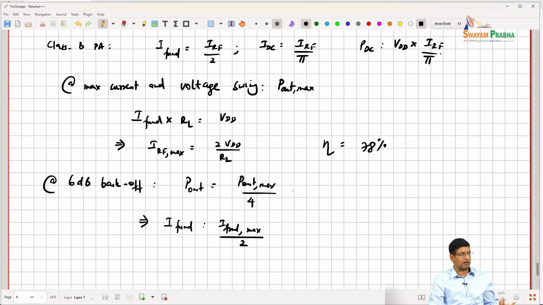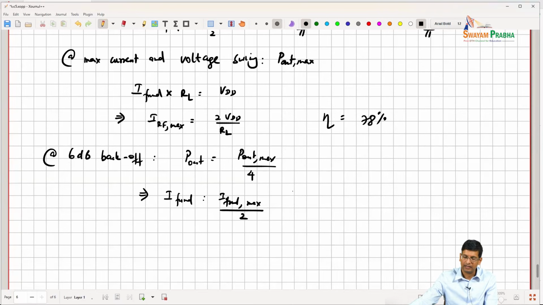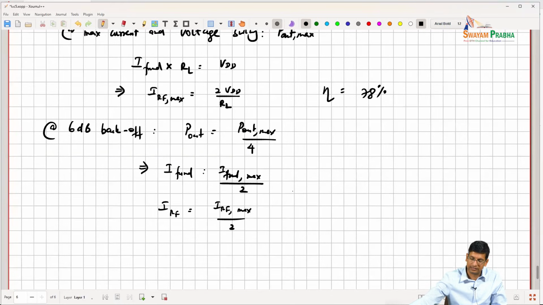So my fundamental current must have dropped by a factor of 2. You can see that my IRF that is swinging is IRF max divided by 2, and in this scenario my IDC is IRF over pi again, or basically IRF max over 2 pi.